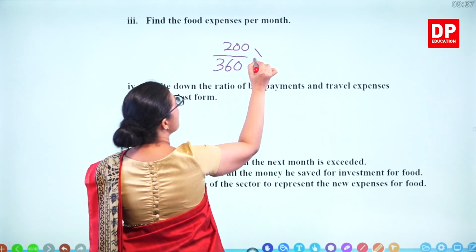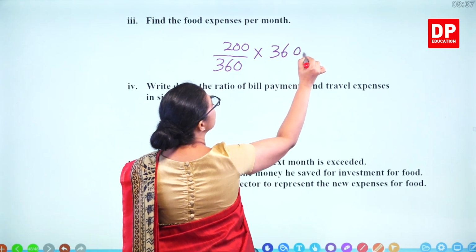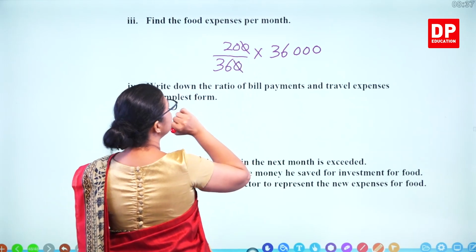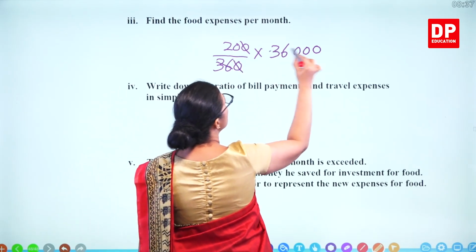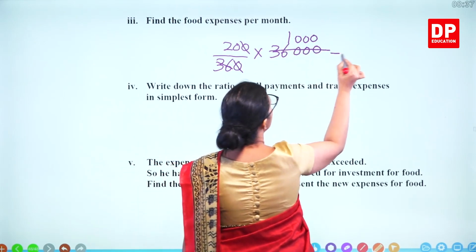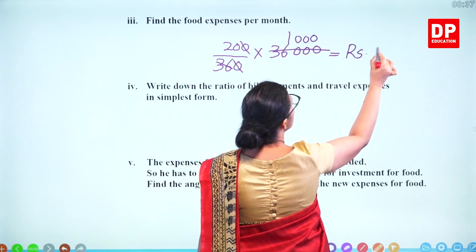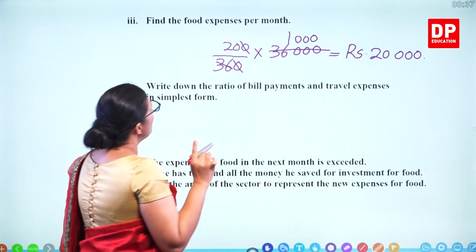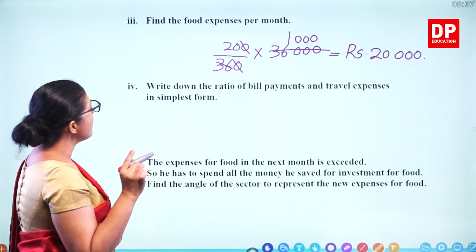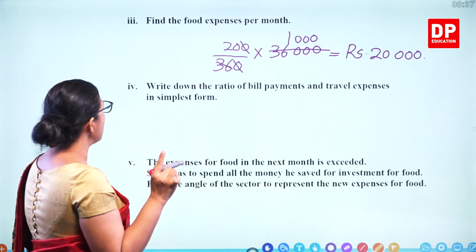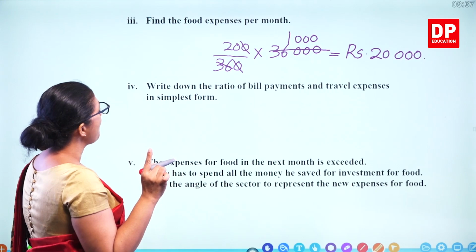So multiply by 36,000. 36 with 1, and here you get 20,000 rupees for food.